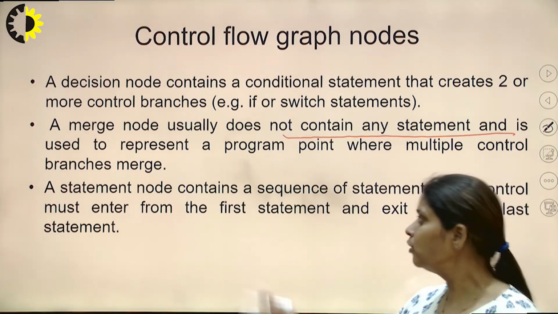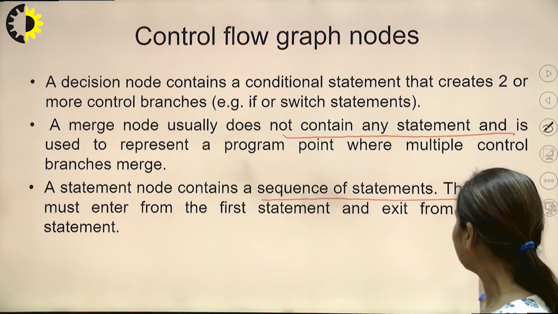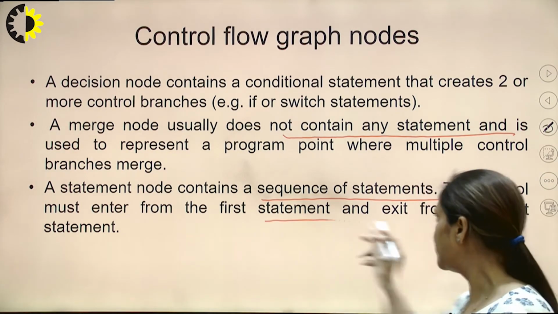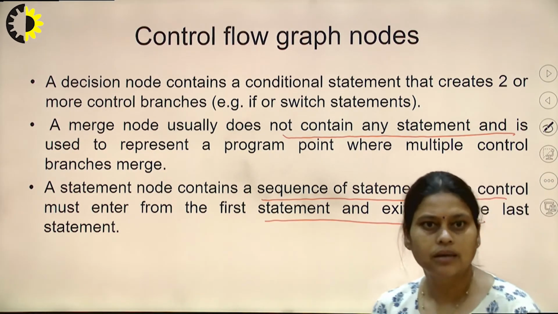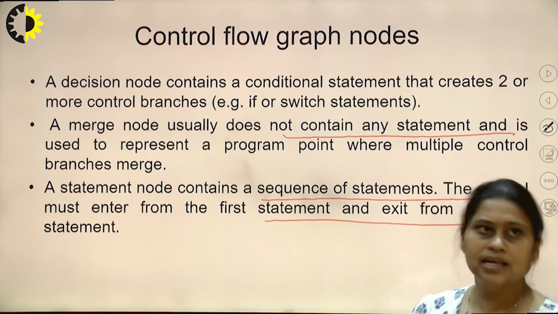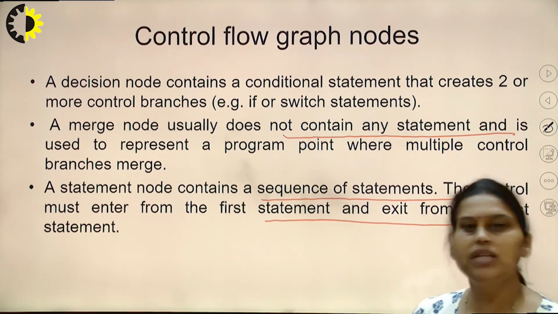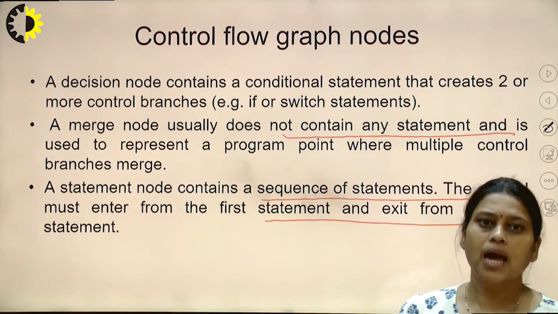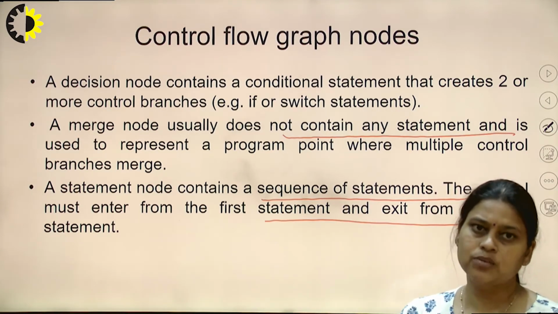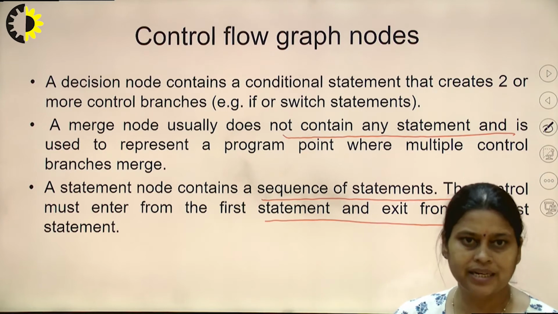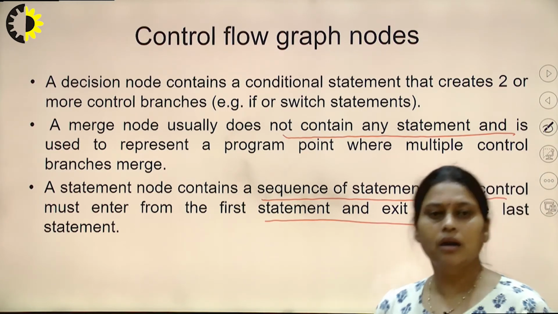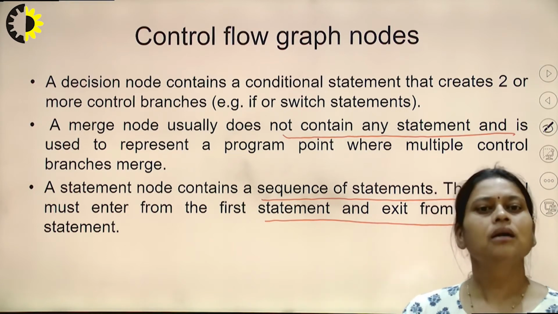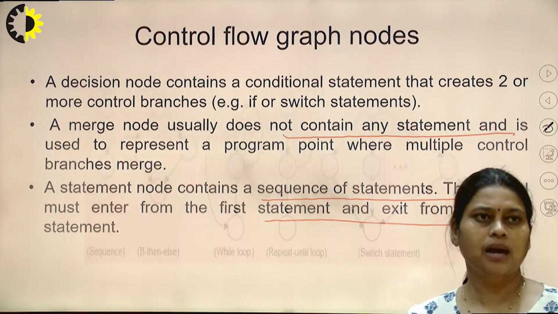A statement node contains a sequence of statements, which must be entered from the first statement and exited from the last statement. Basically, in the control flow graph, the statements are directly converted into nodes, and the flow of control from one statement to another is represented by the edges in the graph.